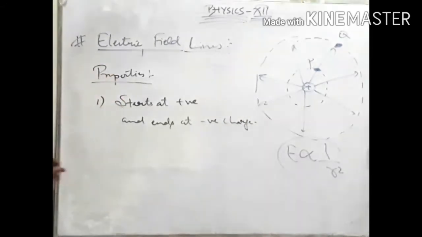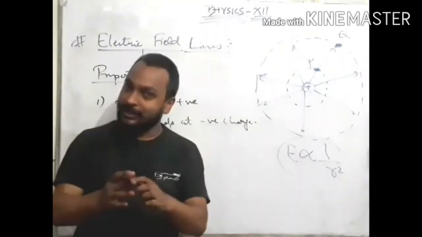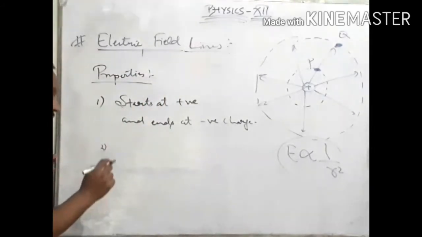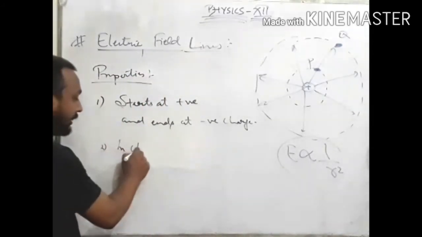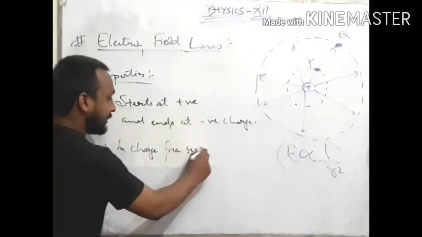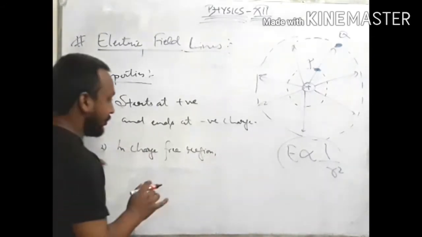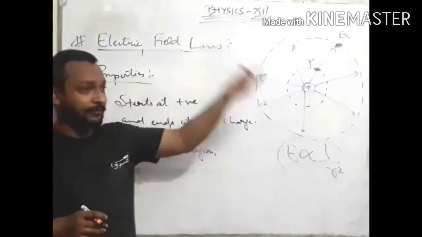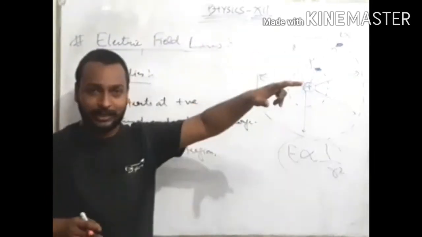Okay, starting at positive and ending at negative charge. Second thing, in charge free region, if there is no charge at all, suppose one charge is given and in front of that charge no other charge is there, so they will have continuous curve.